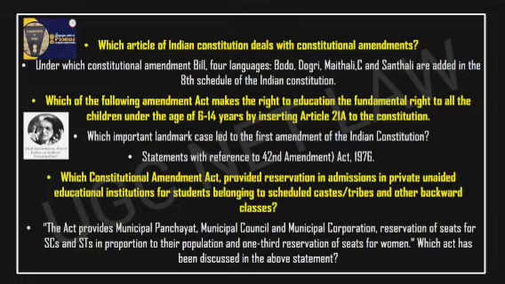You can also add here, if the option is available, that it amended Article 74 to state explicitly that the President shall act in accordance with the advice of the Council of Ministers.